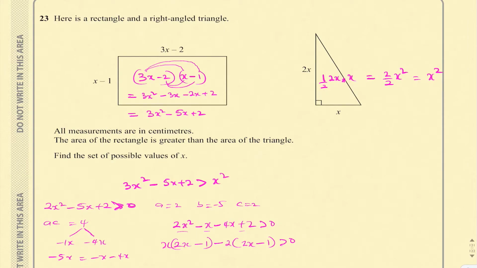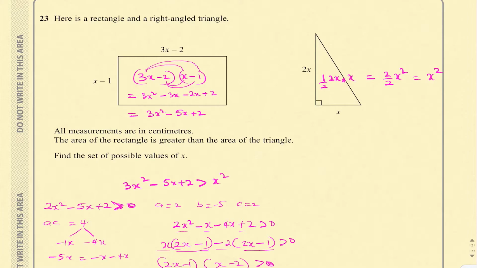And therefore, what do I have now? 2x minus 1 is the common factor, and I'm left with x minus 2, and that's greater than 0.